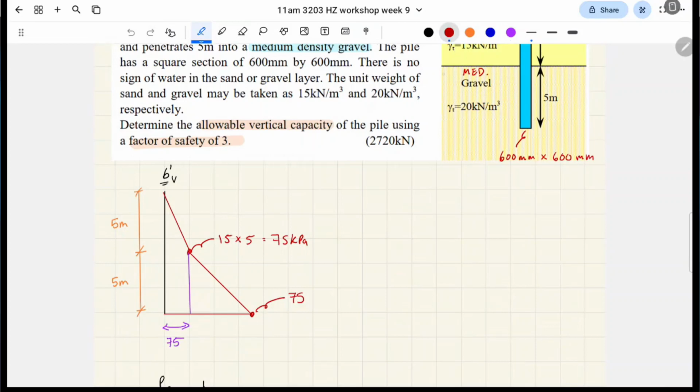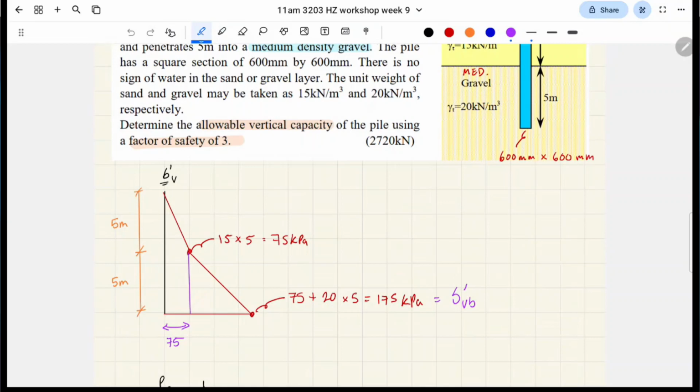Now we have to add on top this slope, which was 20, multiplied by a depth of 5, okay? This gives us 175 kPa, right? So now we have these 2 critical points. In fact, one of these critical points is straight up gonna give us the vertical effective stress at the base.